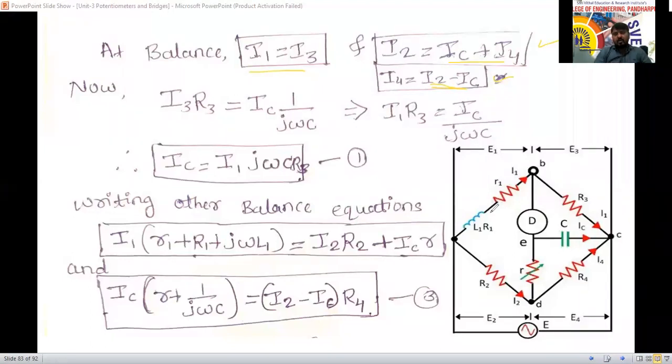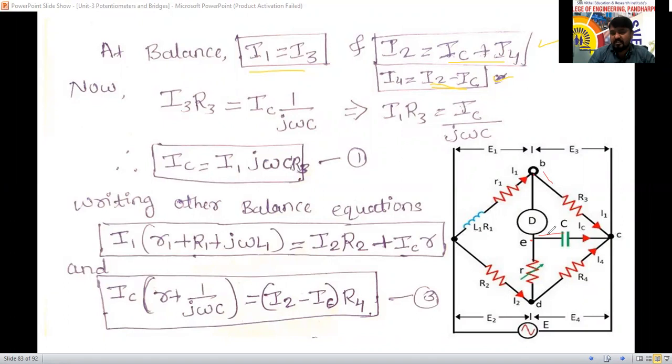Okay. Next, I told that this potential difference equal to this potential difference, then only the bridge will be balanced. Or if this potential difference and this potential difference are equal, then also the bridge is balanced. So the potential difference at this point and this point, it may be from here to here and here to here, and it may be from here to here and here to here.